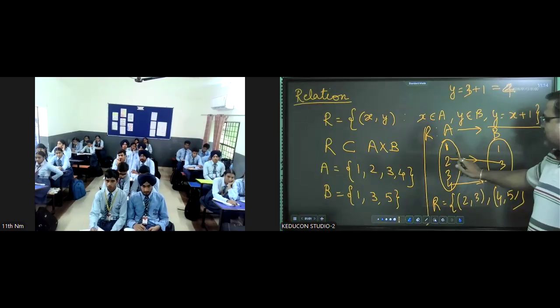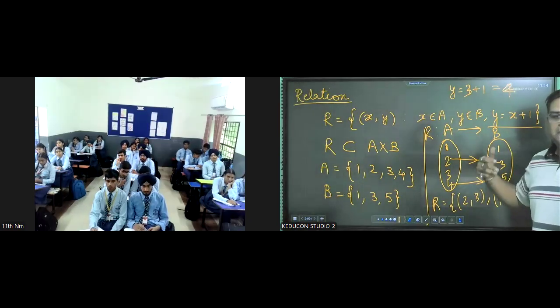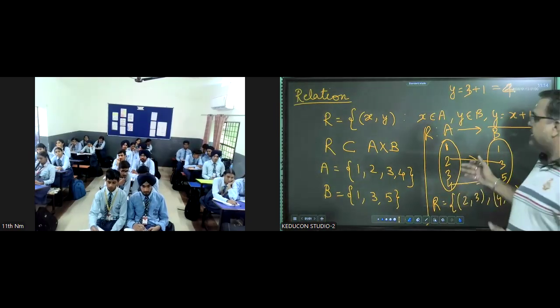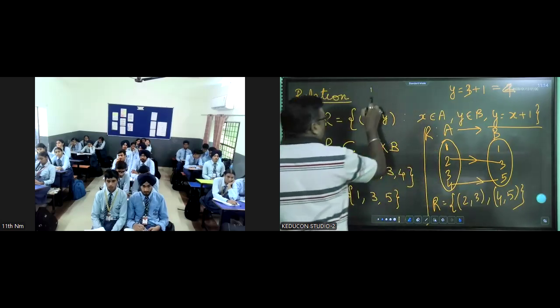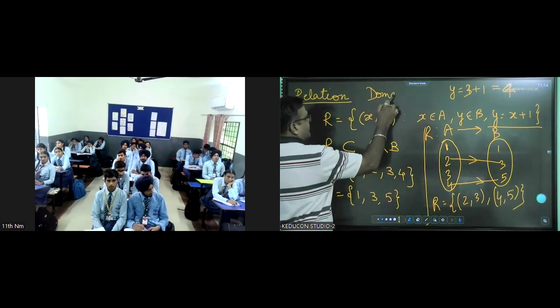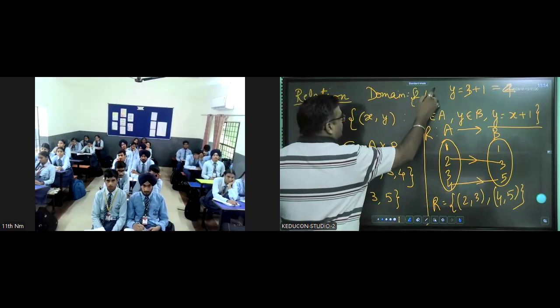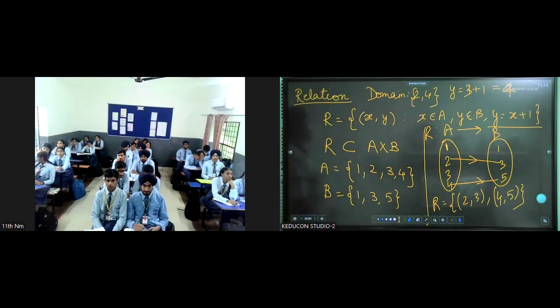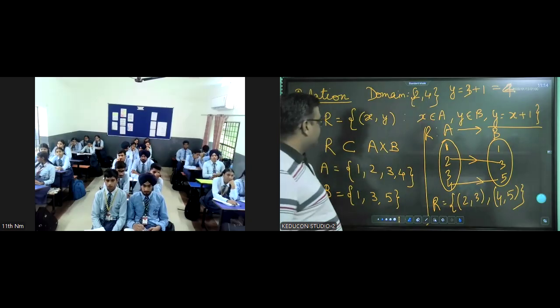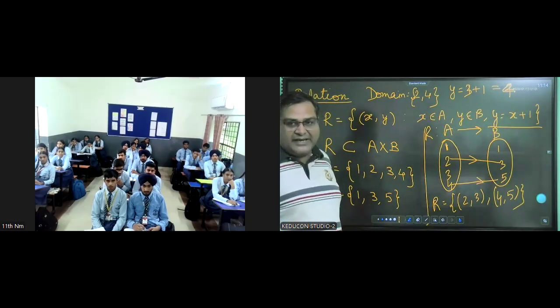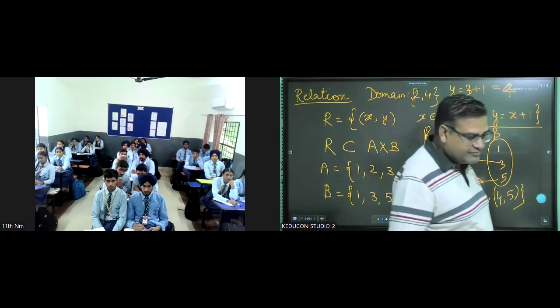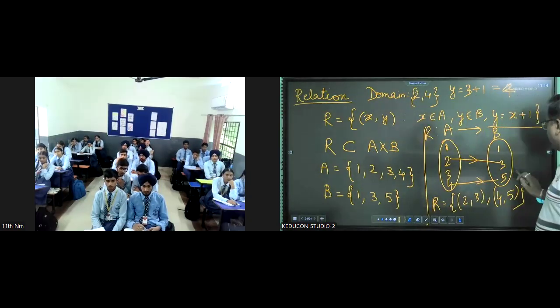Those elements of set A which have an image in set B make up the domain. If I have to check the domain of this relation, what will be the domain? 2 and 4? Yes or no? Yes. What will be the range? 3 and 5.